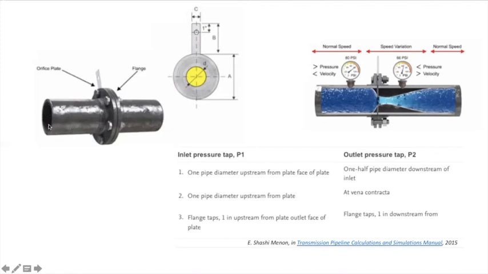So it should be placed one diameter from the orifice, that is, you have to go one diameter of this pipe. If the pipe diameter is capital D, you have to move from this point to this point at the capital D length, right? And one half diameter downstream of the inlet.